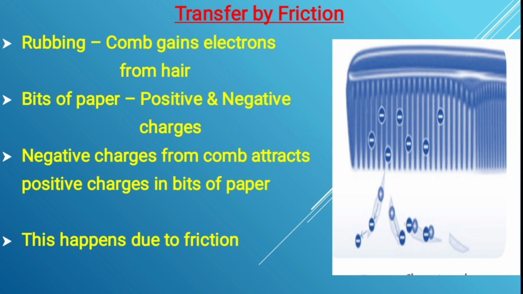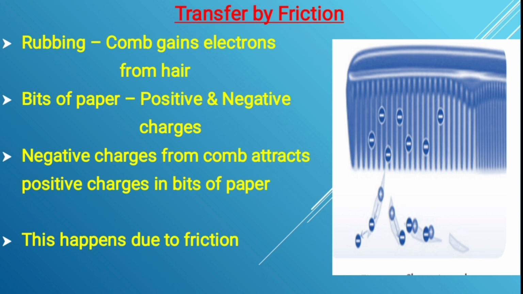The comb will try to attract the bits of paper, because the comb contains electrons, and the bits of paper also contain protons and electrons, that is, positive and negative charge are both present equally in the bits of paper. The comb which contains electrons will try to attract the protons, that is the positive charge present in the bits of paper. So this happens due to friction.